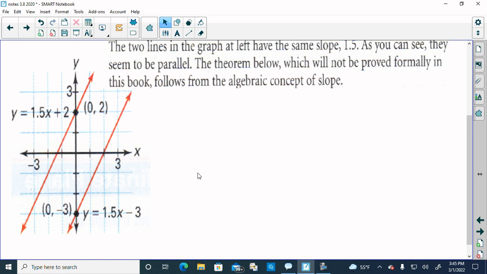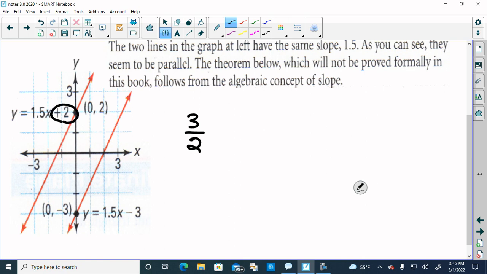Like for example, if I were to write 3 over 2, that is equivalent to 1 and 1/2. So if we graph this part first, this is my rise, and this is my run.